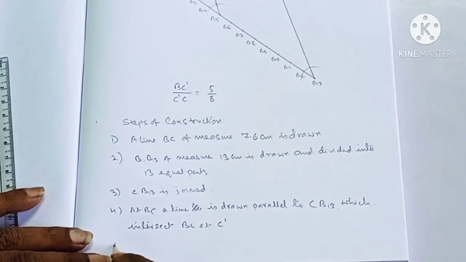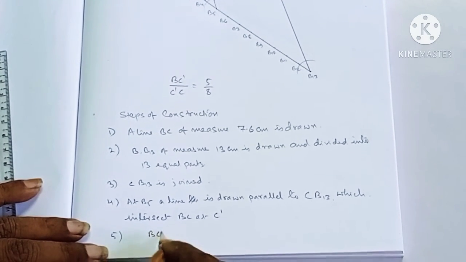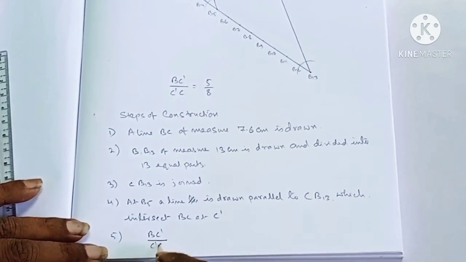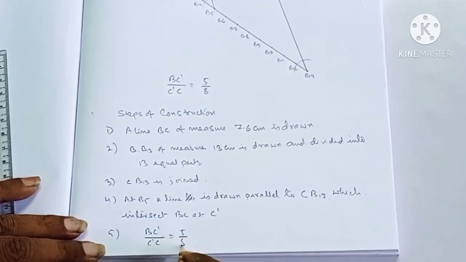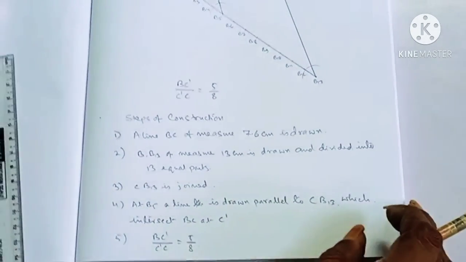So your BC dash by C dash C is equal to 5/8. This is question number 1.